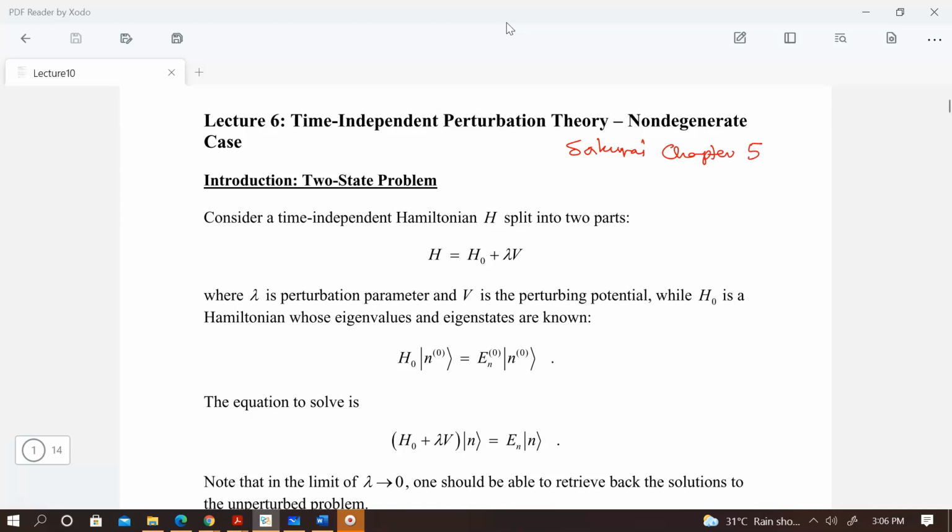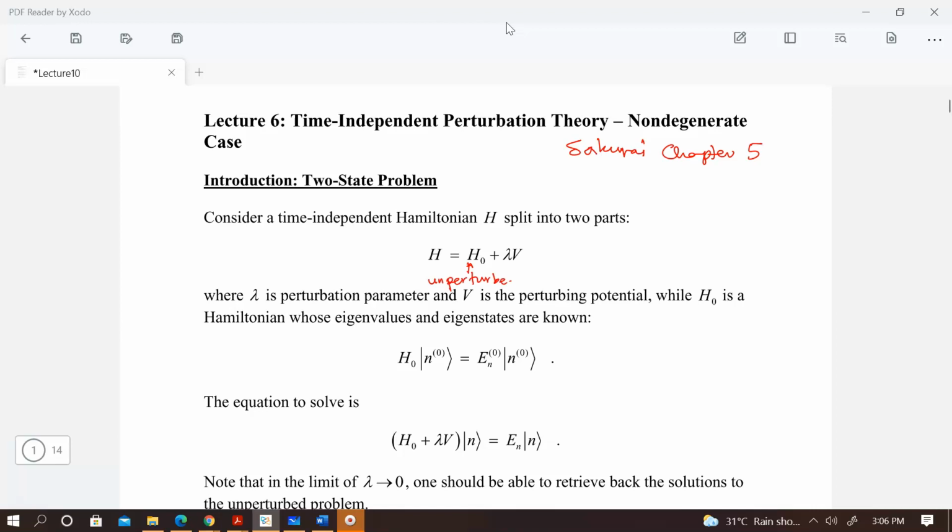So let us begin with the simplest case that one can think about, which is essentially looking at a two-state Hilbert space, and you have a time-independent Hamiltonian, and the time-independent Hamiltonian is broken up into two. One is the unperturbed Hamiltonian, for which you already know what the solutions are.